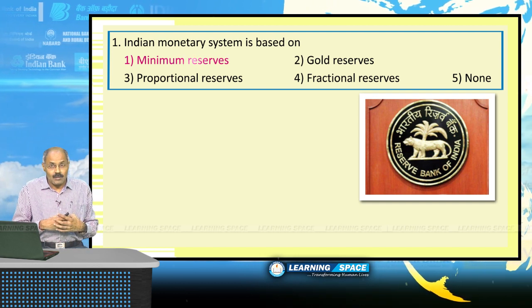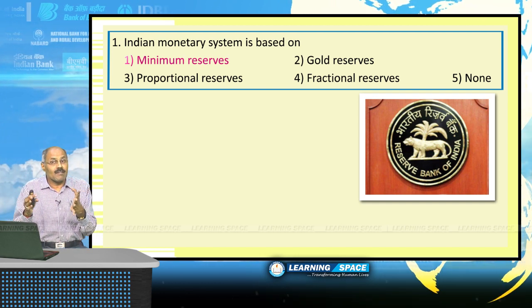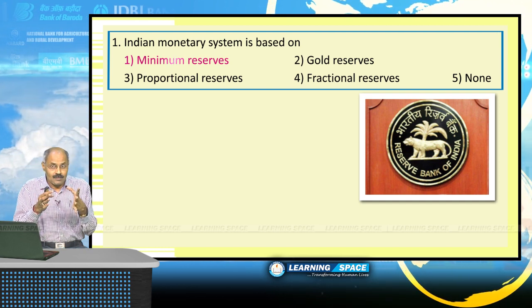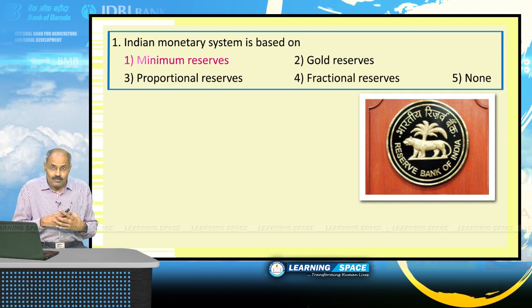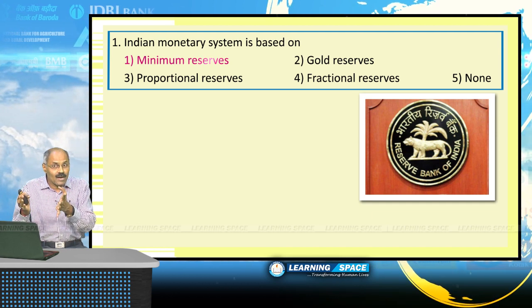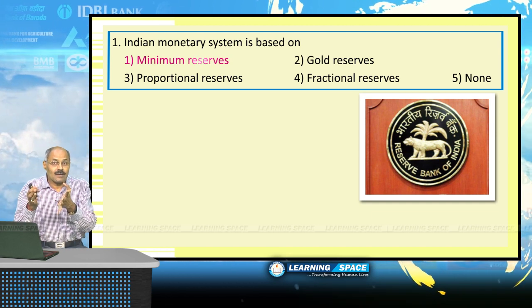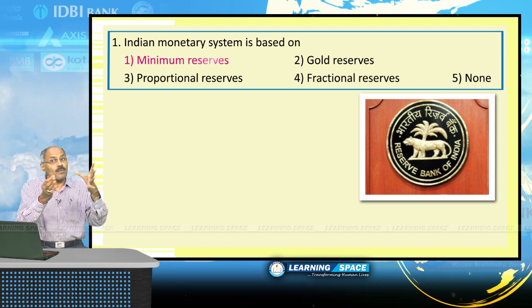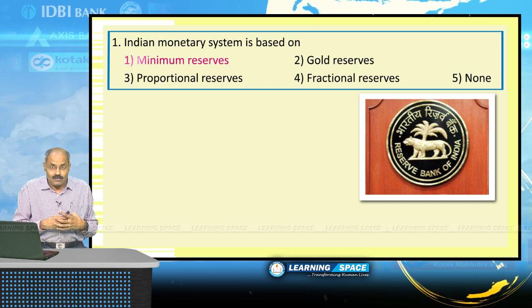At that time, RBI was required to maintain 40% of currency notes as gold or foreign currency reserves. That was the proportional reserve system.